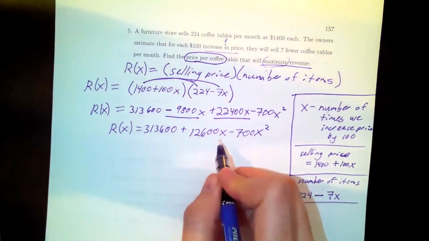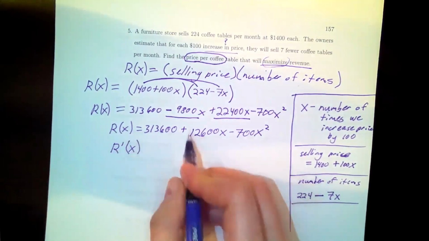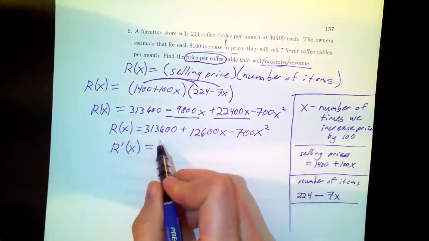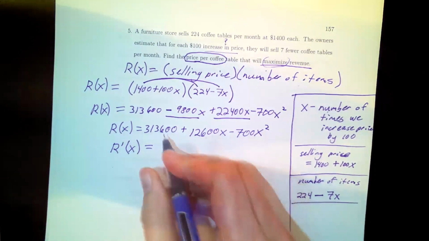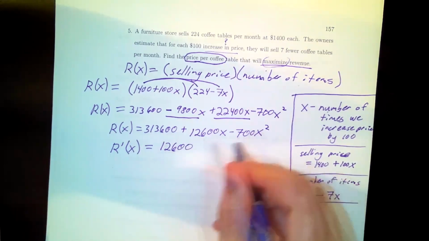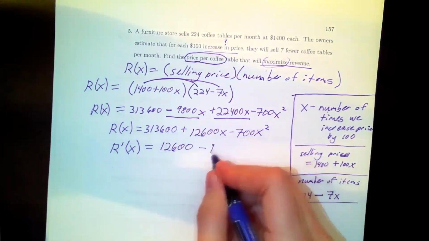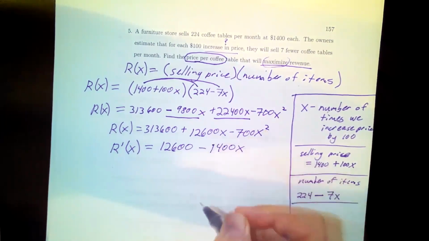We want to maximize revenue, which means we need to take the derivative of revenue. The derivative of 313,600 is 0. The derivative of 12,600x is 12,600. The derivative of this is a power rule, so we have minus 700 times 2, which is 1,400, x to the 2 minus 1.